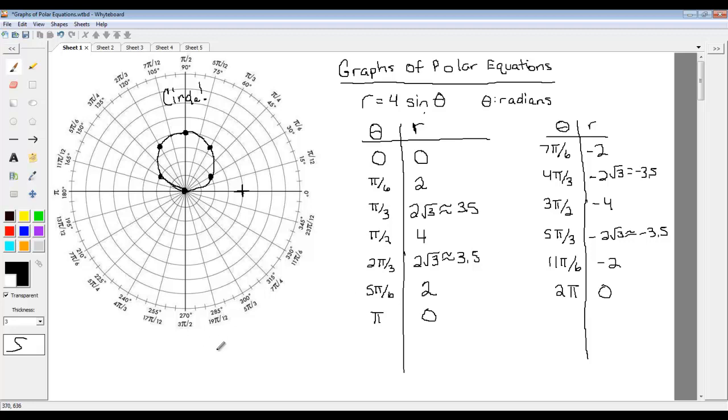Well, hey, I think we did one like this in a previous podcast where we converted the polar equation to a rectangular equation. Well, if you have r equals 4 sine theta, times both sides by r, you get this kind of deal, right?